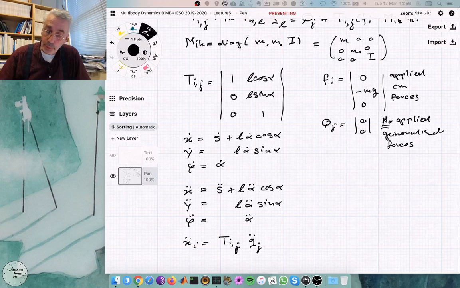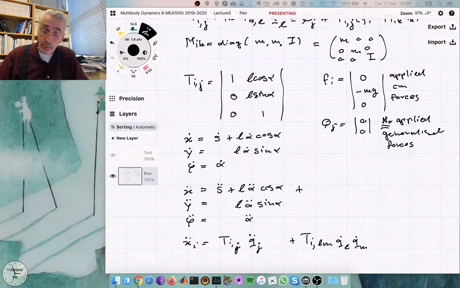We're not interested in this part, by the way. We already have it. What we want is this extra part, this T i, l m times q dot l and q dot m. And you can derive this, because how does that go? Well, we have to differentiate this with respect to s times s dot. There is nothing, so you could say that's 0 times s dot, for clarity. And then we have to differentiate it with respect to alpha. There is a term there, cosine alpha times alpha dot.